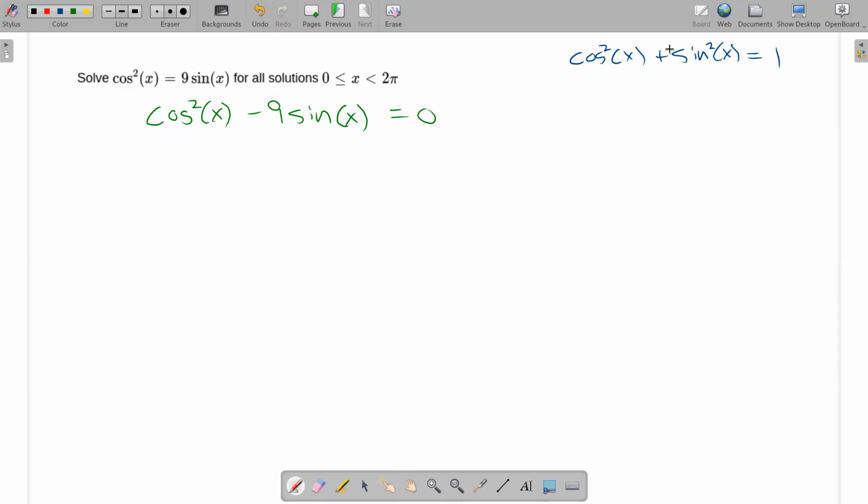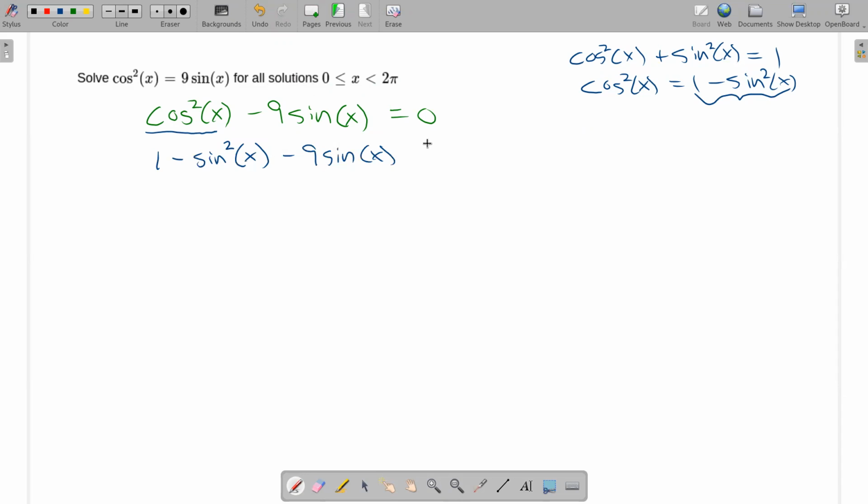So if I subtract the sine squared to the other side, cosine squared of x is equal to 1 minus the sine squared of x. So I'm going to make that substitution here. I'm replacing that right there with 1 minus sine squared of x. And I still have the minus 9 sine of x equals 0.